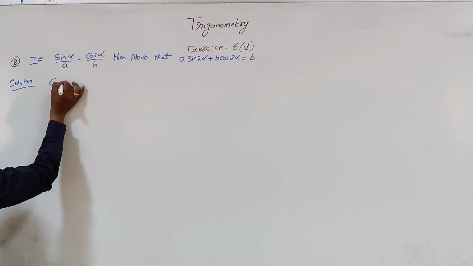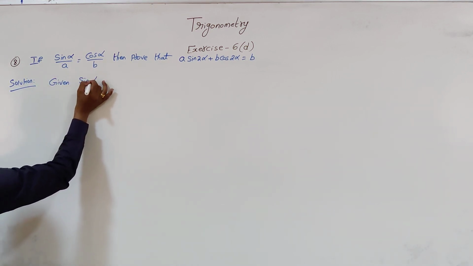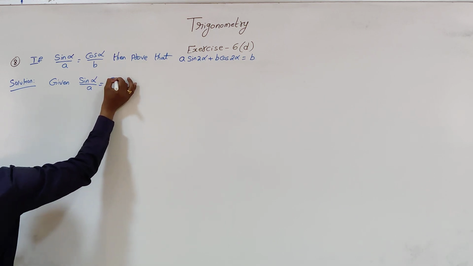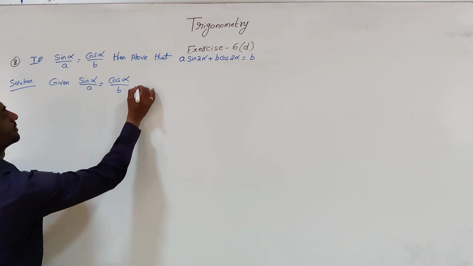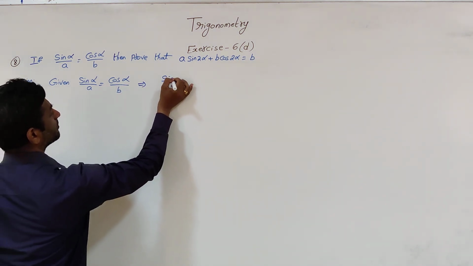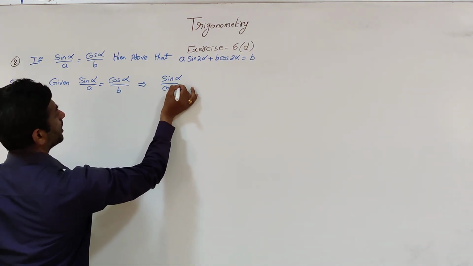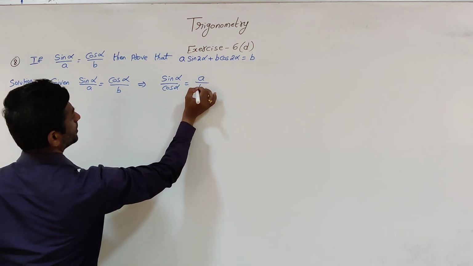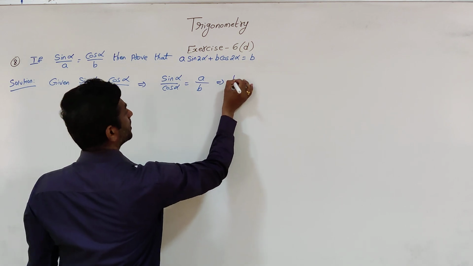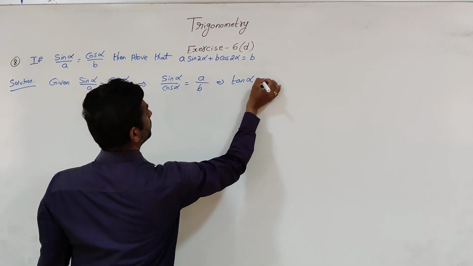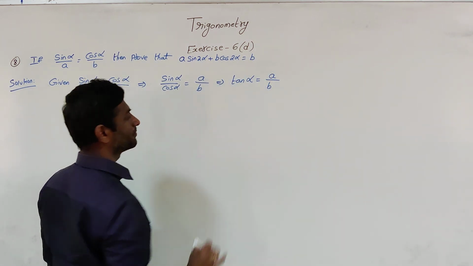Given the condition is sin alpha by A is equal to cos alpha by B. If you take the cross product, sin alpha by cos alpha is equal to A by B. But sin alpha by cos alpha gives tan alpha. So tan alpha value is given as A by B.